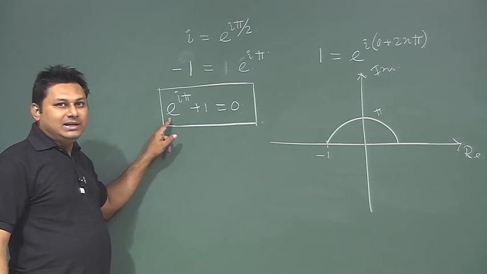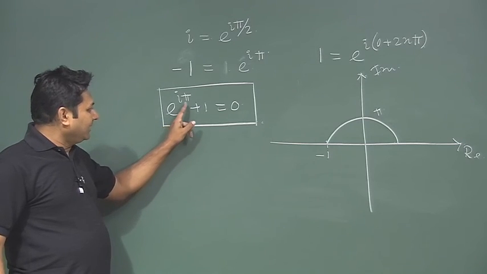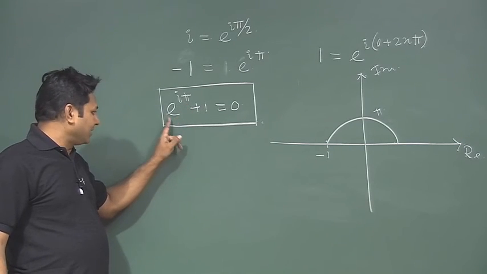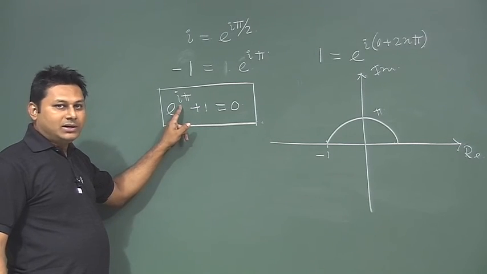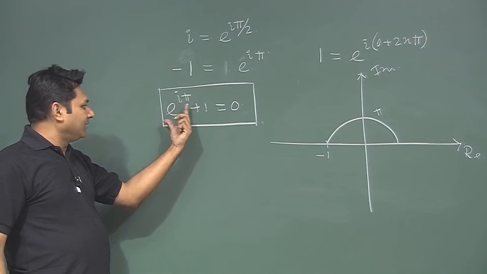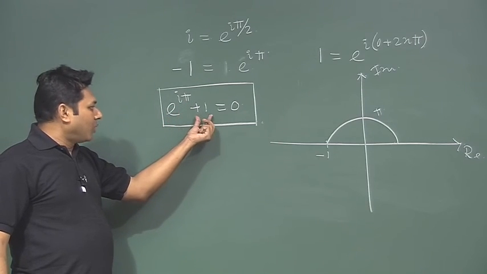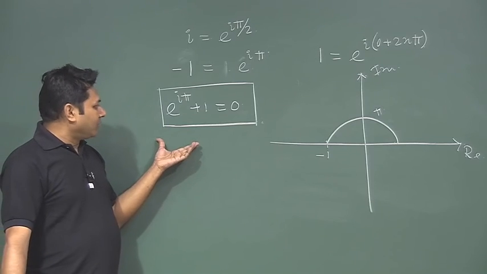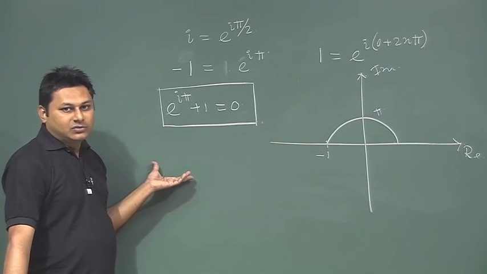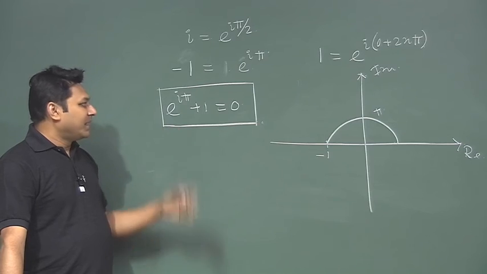First of all, you have e here, second you have pi here. e is an irrational number, pi is an irrational number, i is the imaginary quantity, e to the power i pi is something, plus 1 gives you 0. This is one of the most fascinating equations, to be very honest, in mathematics as well as in physics.